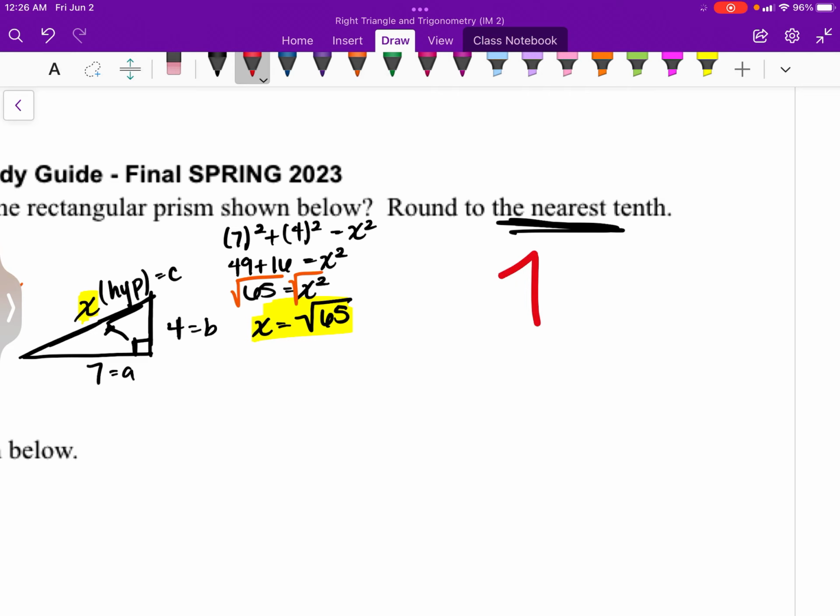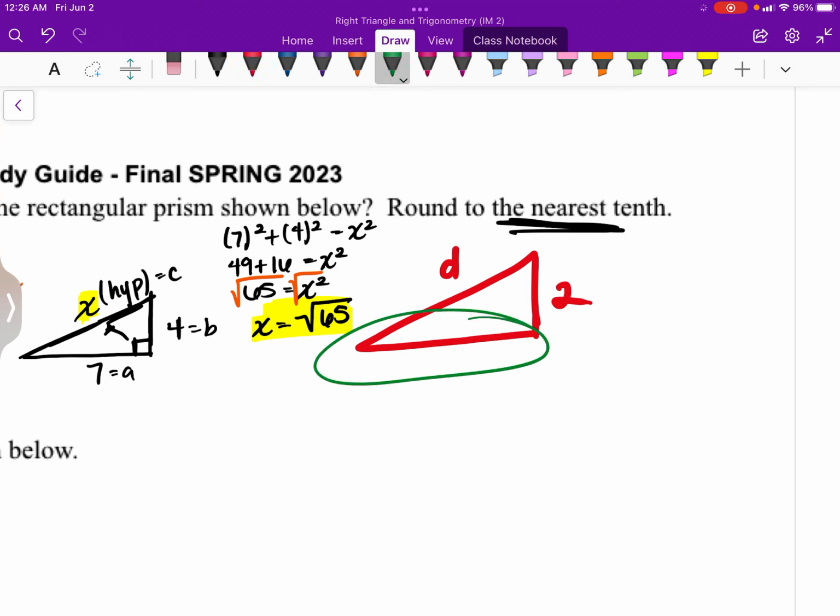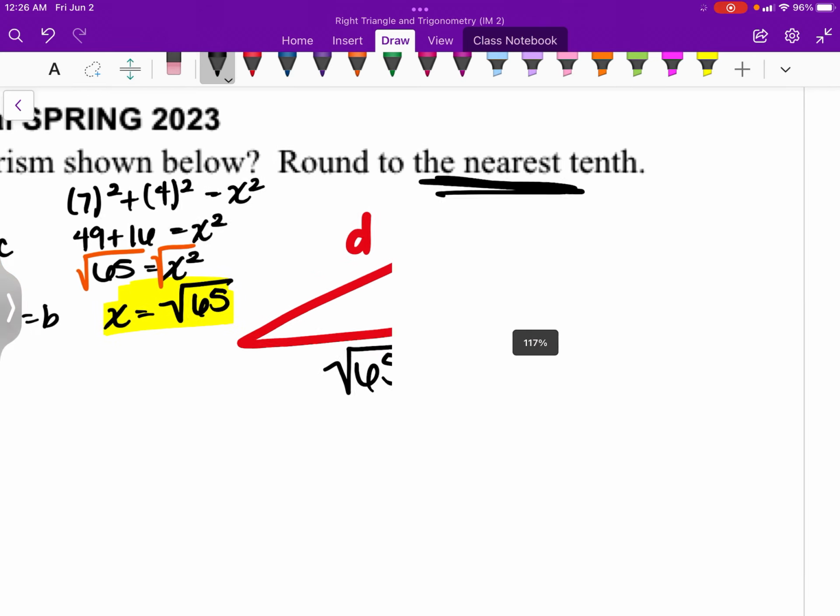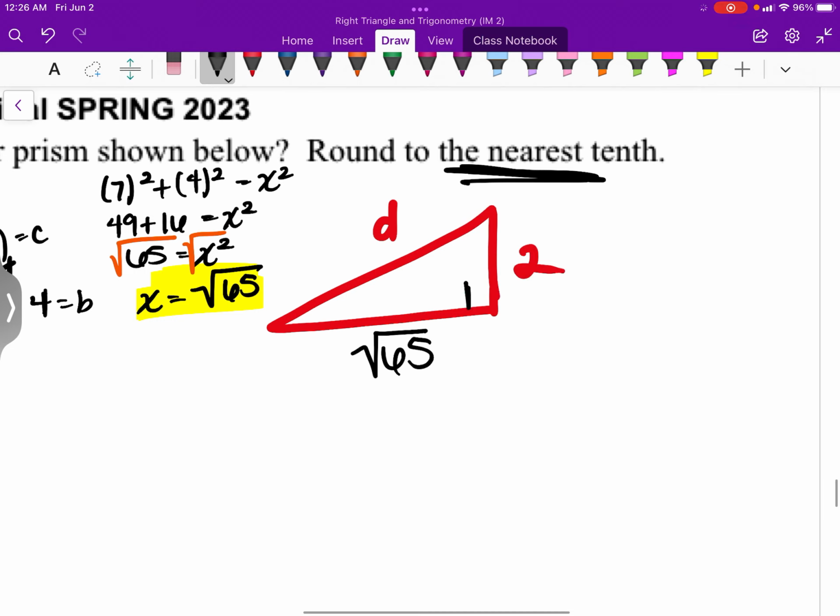We're focused now on this triangle where this is 2 and this is D. And this section here is now that one there. So let's do that. That's going to be the square root of 65. So once again, here is our right angle. So in this case, this makes that the C.